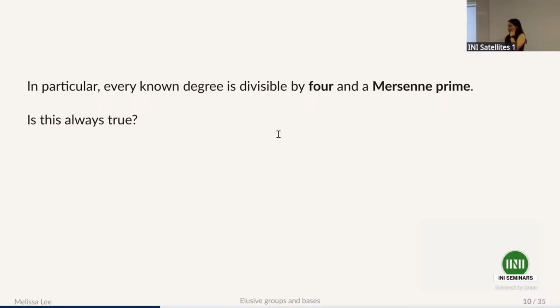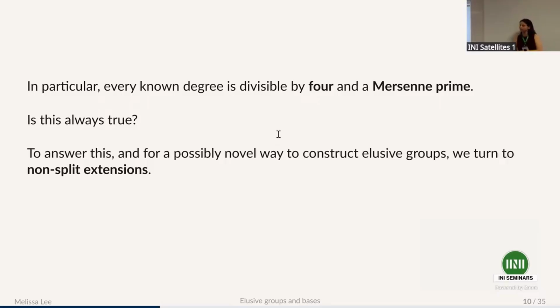So we'd like to know whether this is always true. Is it a requirement that the degree of an elusive group is always divisible by 4 and a Mersenne prime? And so we need to perhaps think of a novel way to construct elusive groups if we're wanting to find possibly new degrees that are not divisible by 4 and prime.